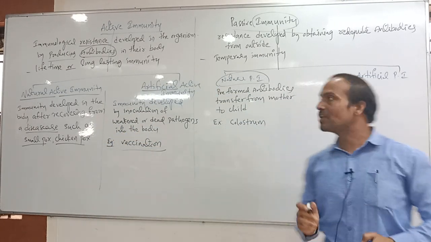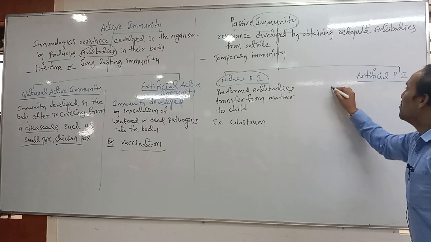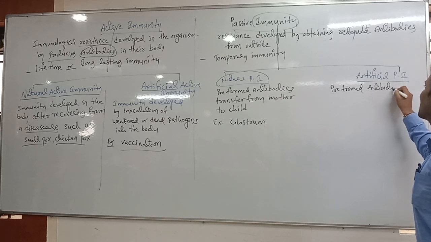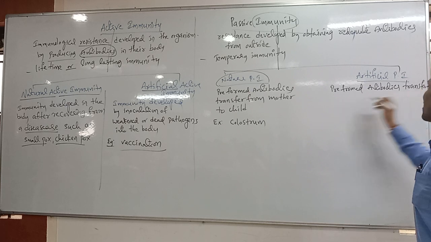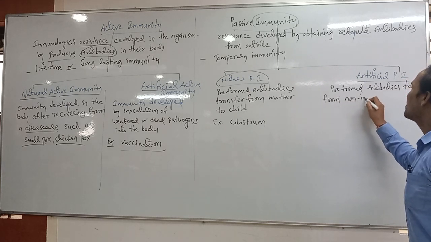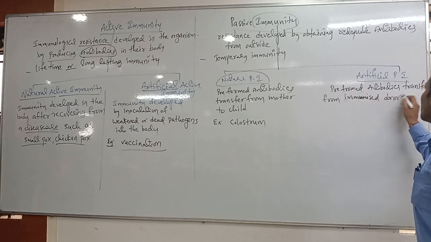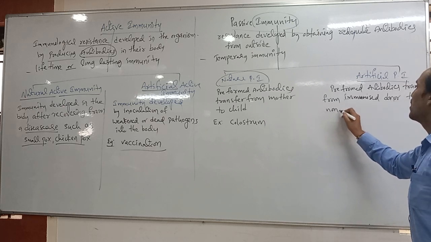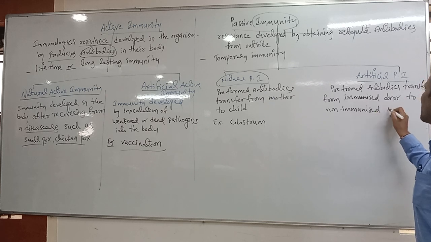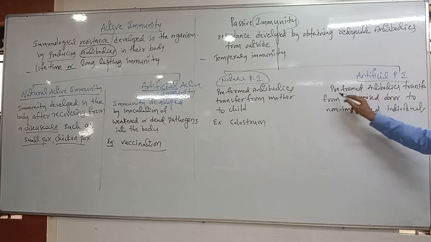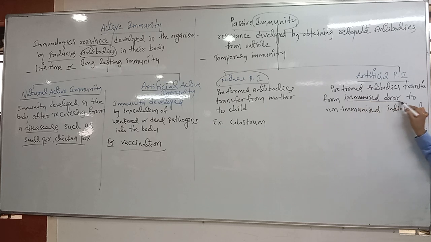The second type is called artificial passive immunity. Here also there are preformed antibodies. Preformed antibodies are transferred from an immunized donor to a non-immunized receiver or individual. This is called artificial passive immunity.